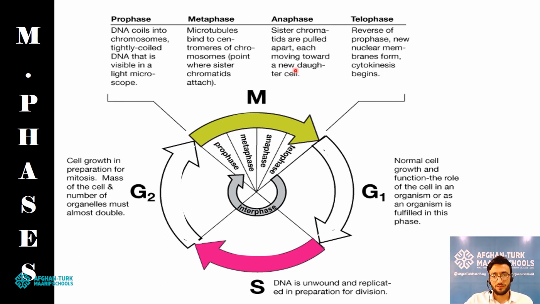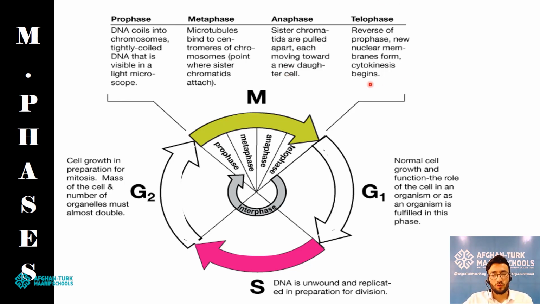Then in anaphase, the centrioles, which have separated, take their places at the two poles of the cell. Here they produce spindle fibers that attach to the centromere of the chromosome in order to split the two sister chromatids of one chromosome, and then these sister chromatids move toward the two poles of the cell.